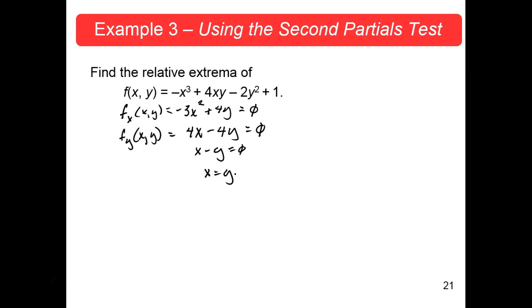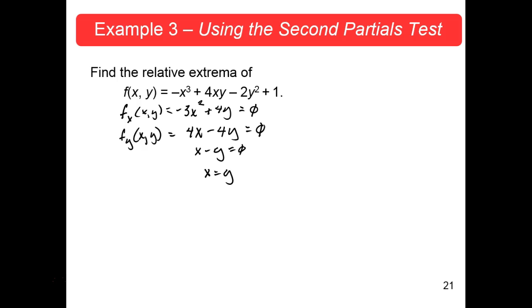So anywhere where x is equal to y is where your derivative with respect to y is equal to 0. Anywhere on the identity function line, that diagonal line there.